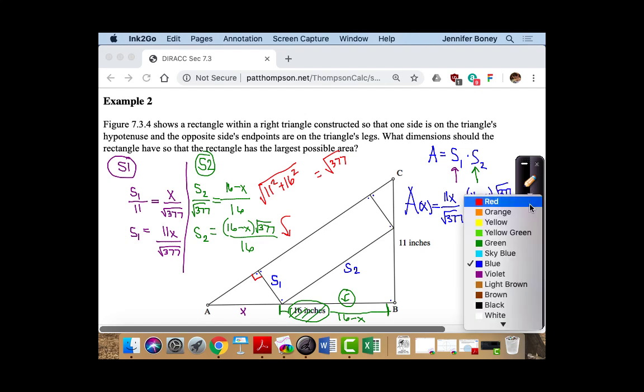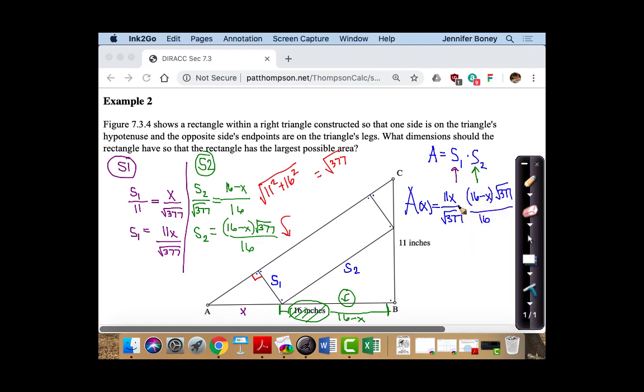There's just a lot of things that cancel out. Well, not a lot of things, but the messy things. Multiplying two fractions, they're in factored form. I can cancel out that length of the hypotenuse nicely. So if you look at what's left, we've got 11x times this binomial all over 16, or this could be more simply written as the area in terms of x. I'm going to write a coefficient 11/16 times x times 16 minus x.